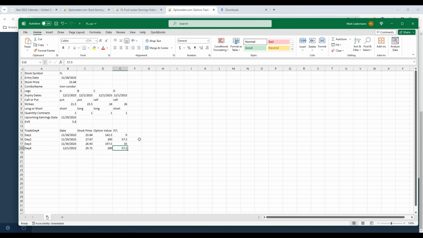Well, how do I get my percent of profit? Let me show you that. I just simply put in a formula here, which is going to be equals my return divided by my risk. Enter. And I got to put a little $ in there so that I can copy this formula down.